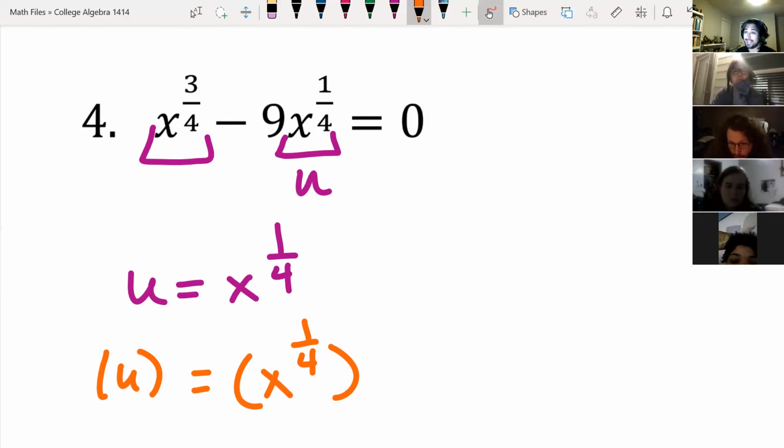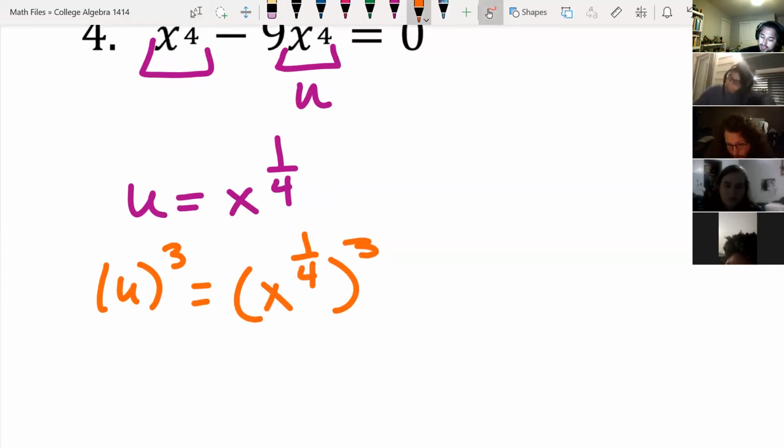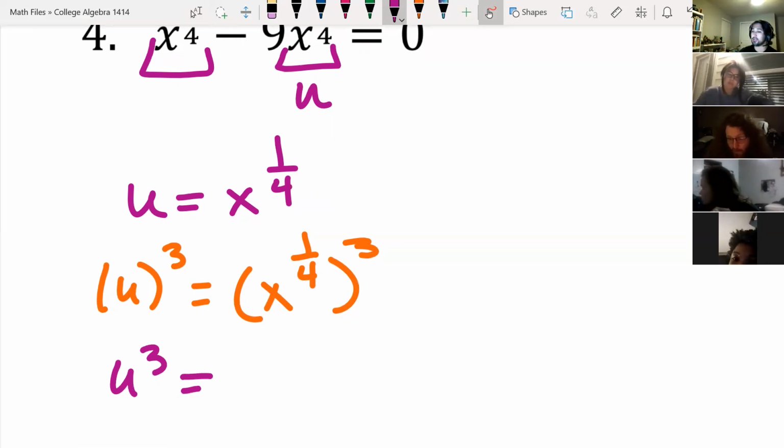By cubing it. Yeah, cube both sides. We're not doing anything wrong here. If I cube both sides, I get u cubed is equal to, and what's 1/4 raised to the 3rd? Remember, power to a power is multiplication. So what's 1/4 times 3?